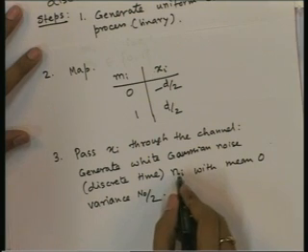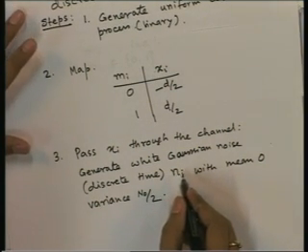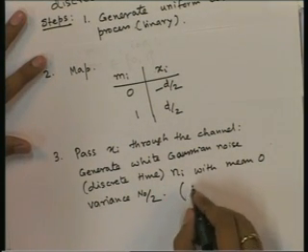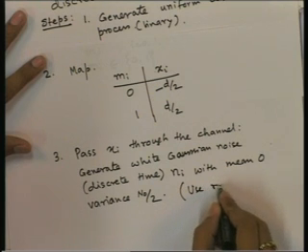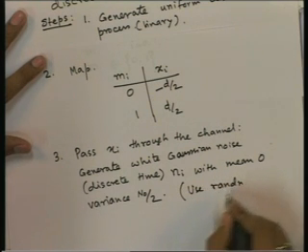So, once we have generated N_i, you can generate it using the randn function, use randn in MATLAB.